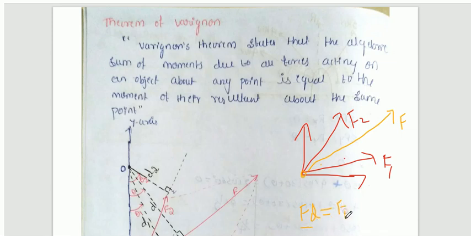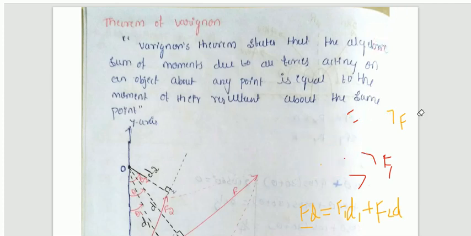According to the theorem, that is F1 into D1, where D1 is the perpendicular distance from F1 to the line of action, plus F2 into D2. That is what you need to prove here. Now you can read out the statement.